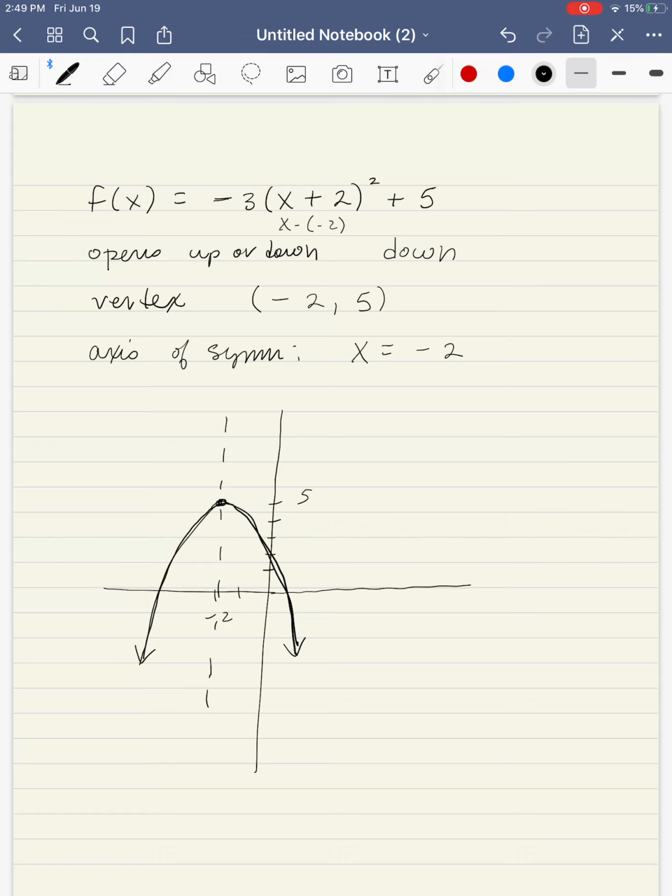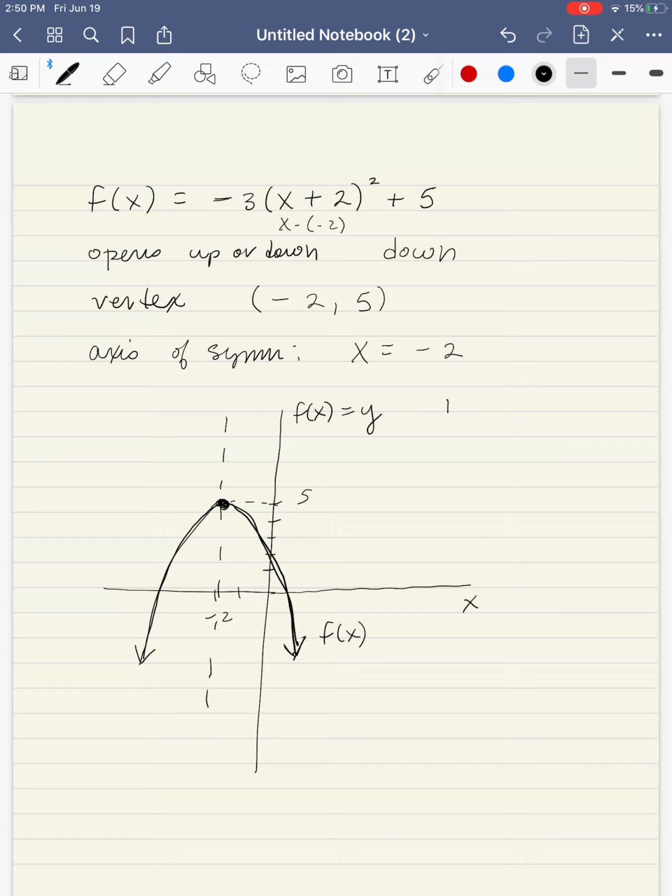All right, now notice when my parabola opens downwards, the very highest point on the parabola is the vertex. And remember that these are values of y. These are my f of x's. This is my x. So the highest possible value that the function takes on is 5.